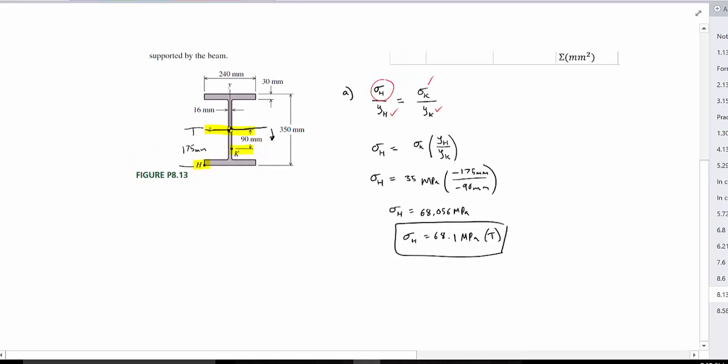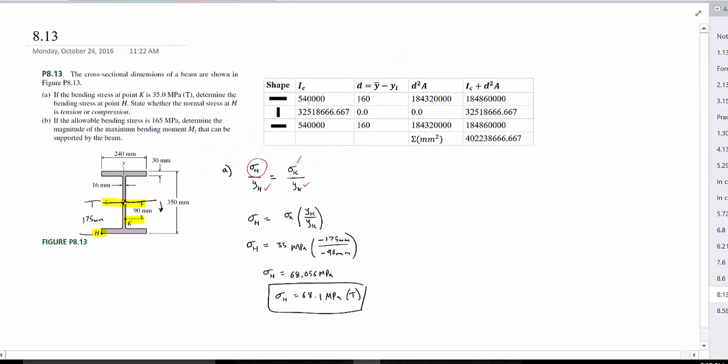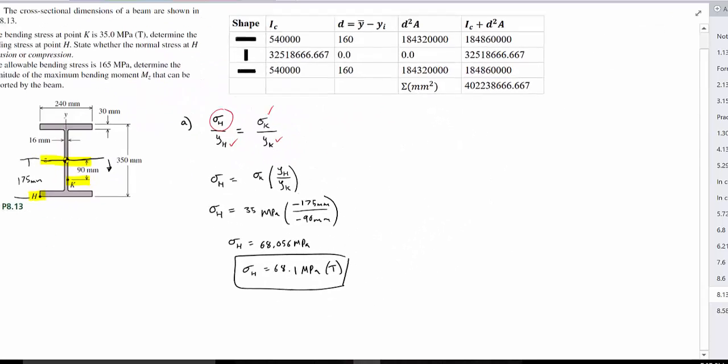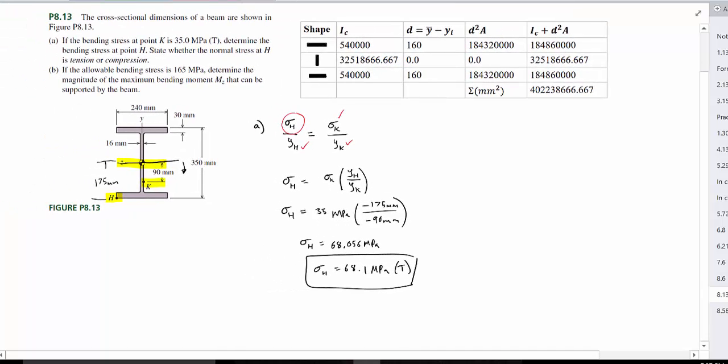So for part B, I've already solved for the moment of inertia here, so it should be something you are familiar with doing. This is our moment of inertia about the z-axis. I'm going to skip that part and jump into part B. If the allowable bending stress is 165 megapascals, what's the maximum moment?